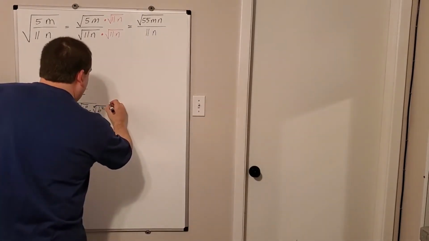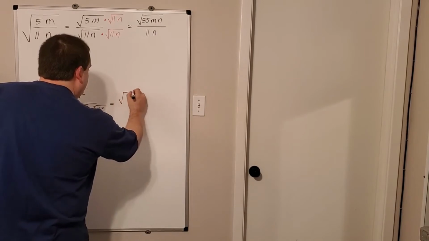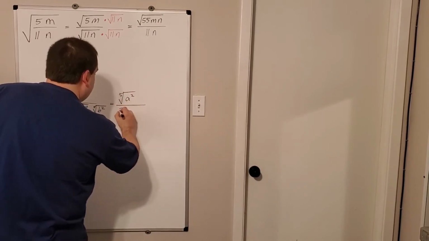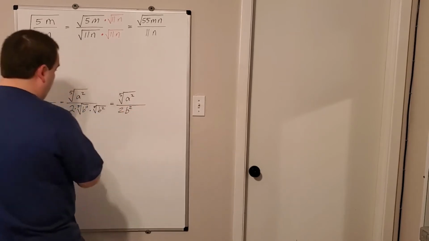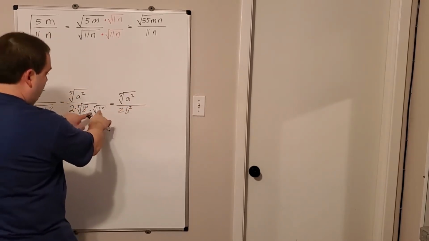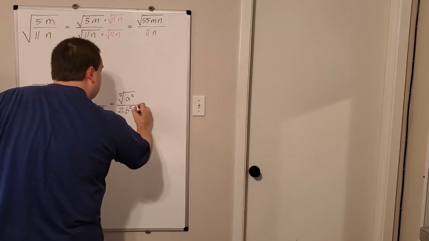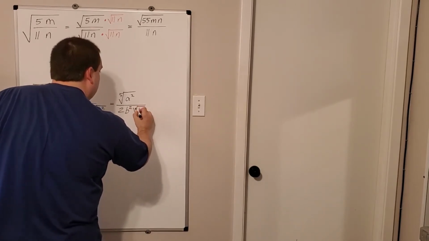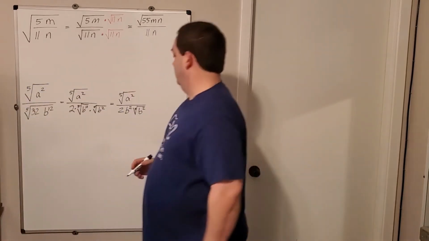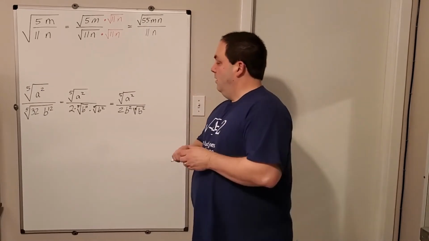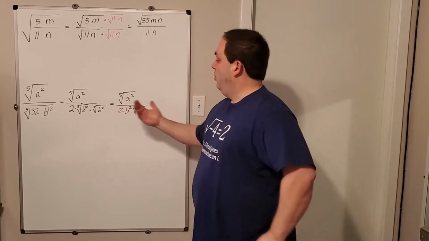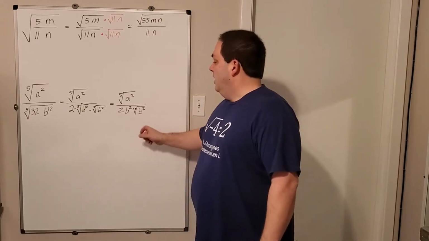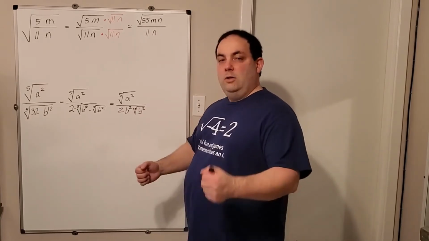So after simplifying, I end up with the 5th root of a squared over 2b squared. 10 divided by 5 is 2. And then I still have this 5th root of b squared also. Okay? All right. So now I'm to the point where I've simplified as much as I can, but I've still got this radical in my denominator.